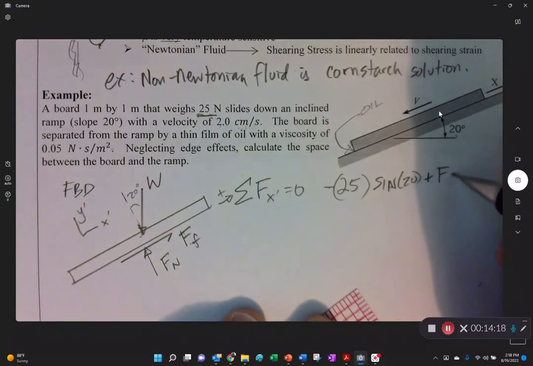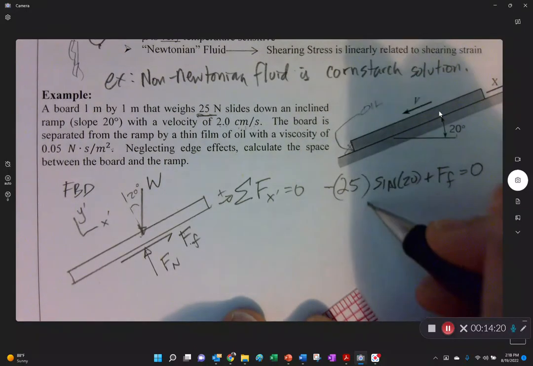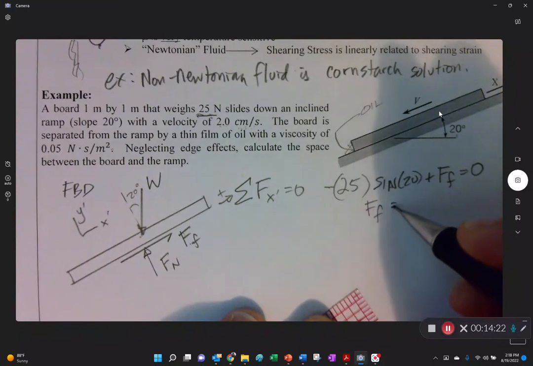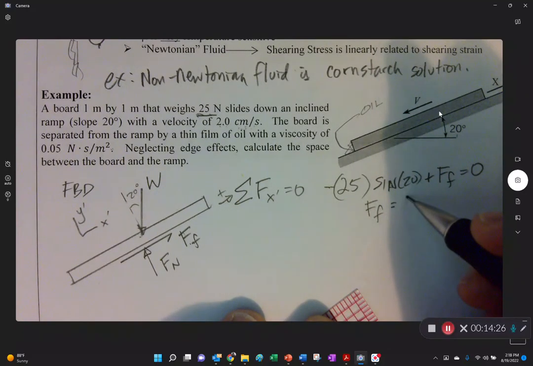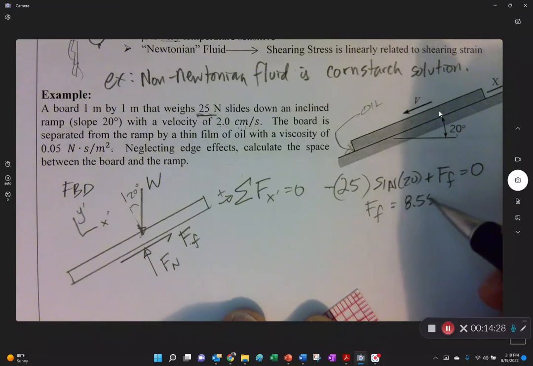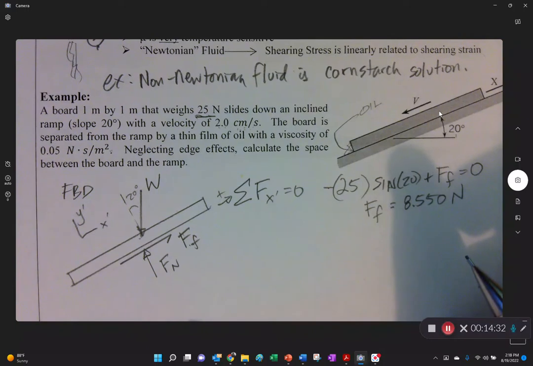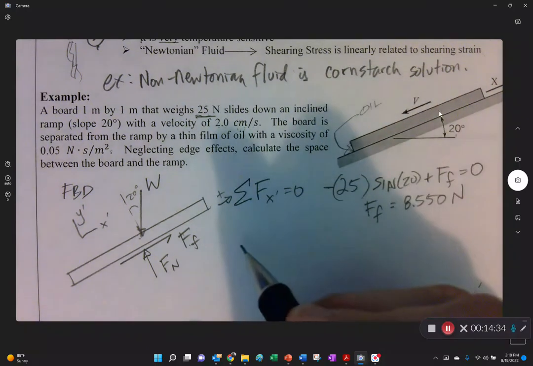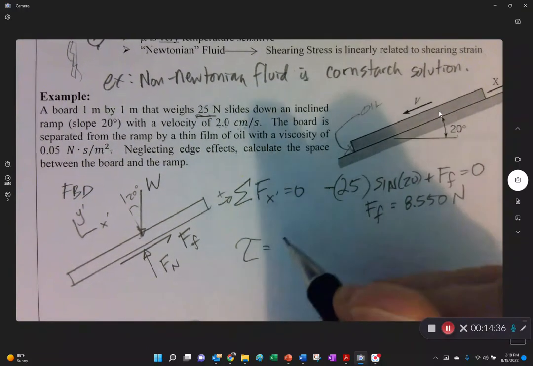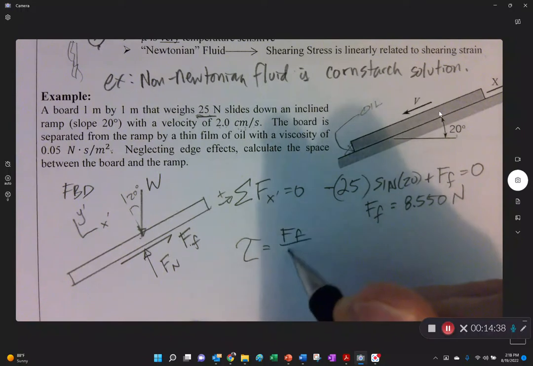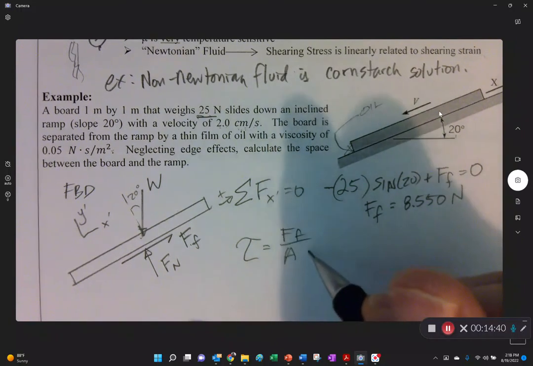So we're going to have the sum of forces equals 0, so the friction force is simply going to be 8.550 newtons.